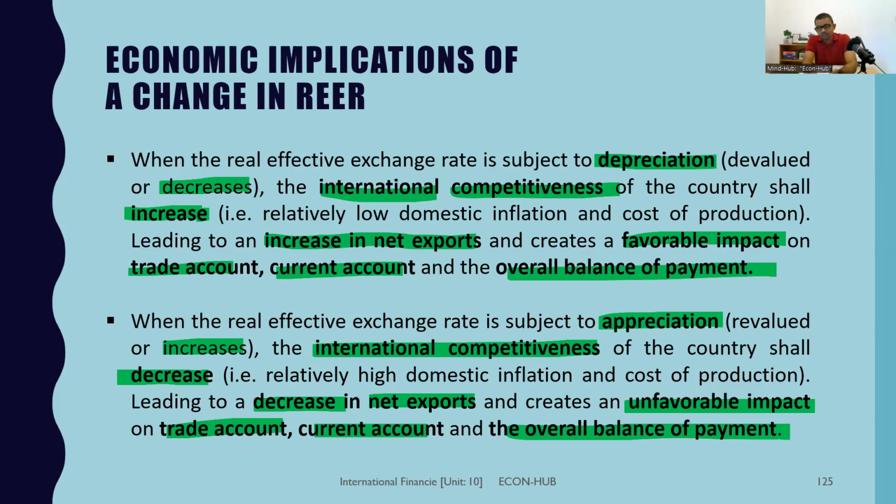Example, 150. Why is the nominal exchange rate unfavorable and the purchasing power exchange rate more favorable to us? Because in countries like ours, developing countries, goods and services are relatively cheaper compared with that of advanced economies where their cost of living is high. Their income is also high, but their cost of living is high. The purchasing power is less with the currency. Is this clear or not?